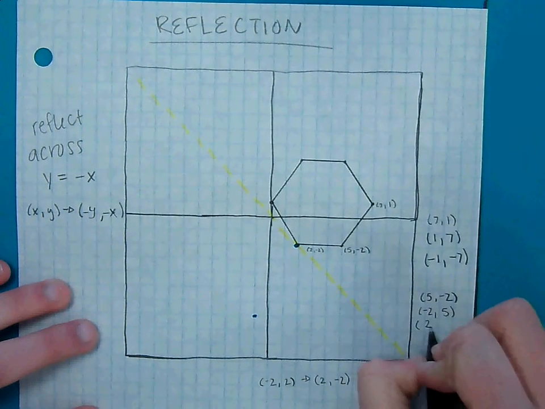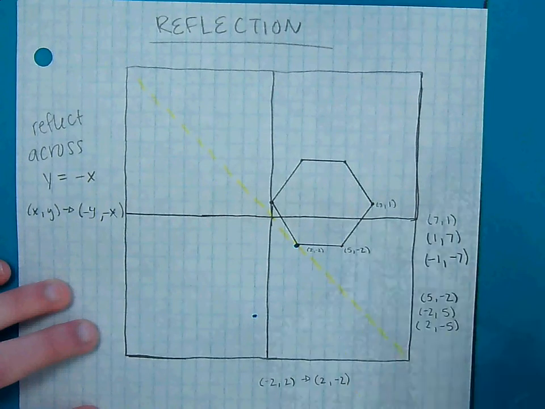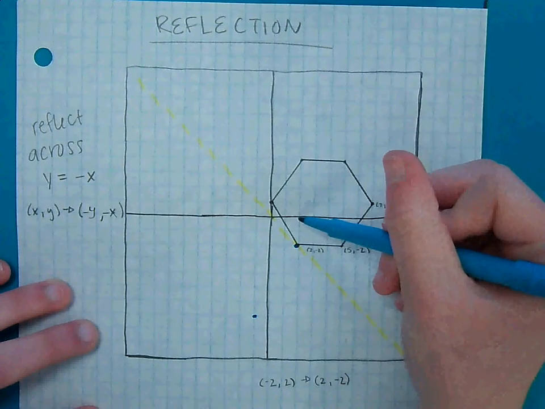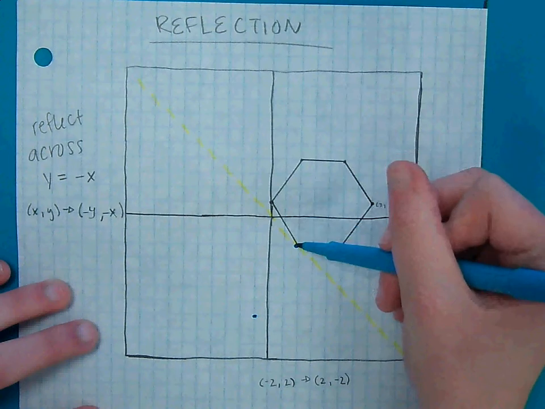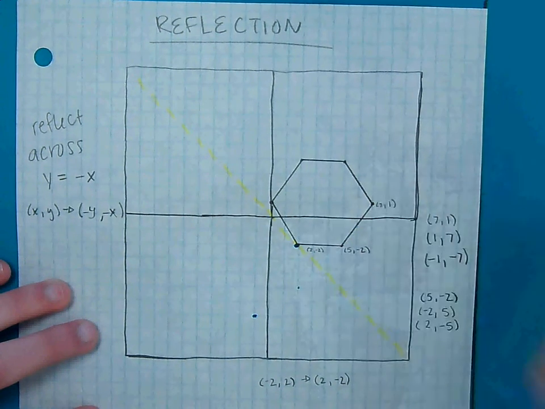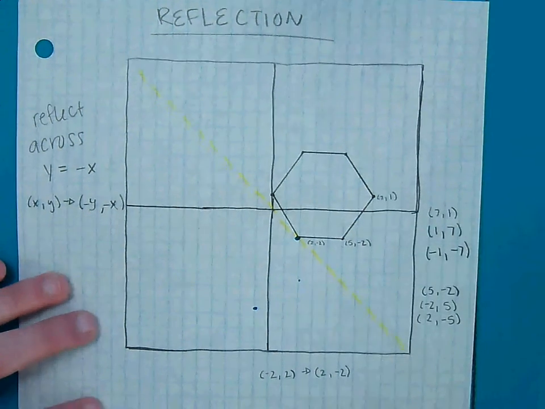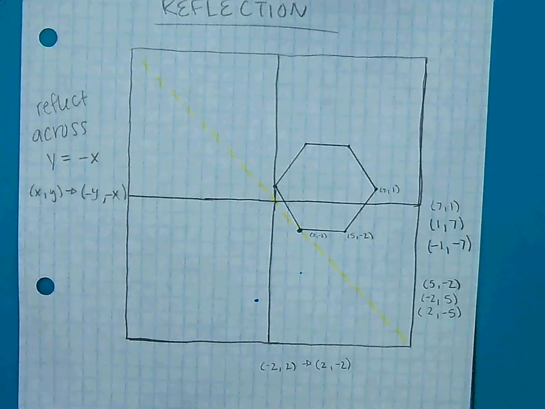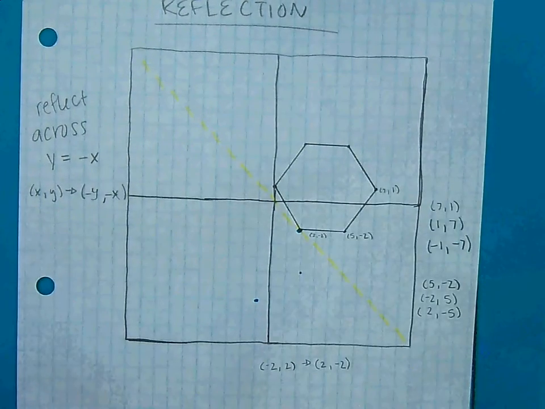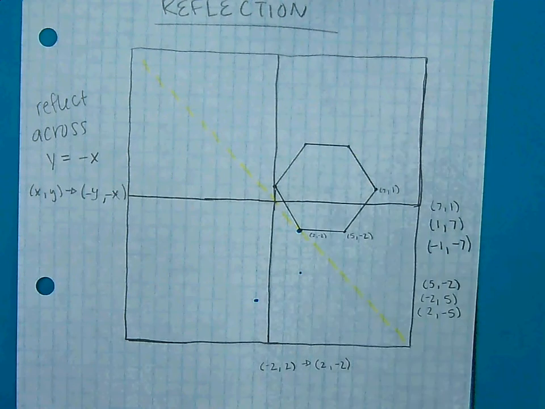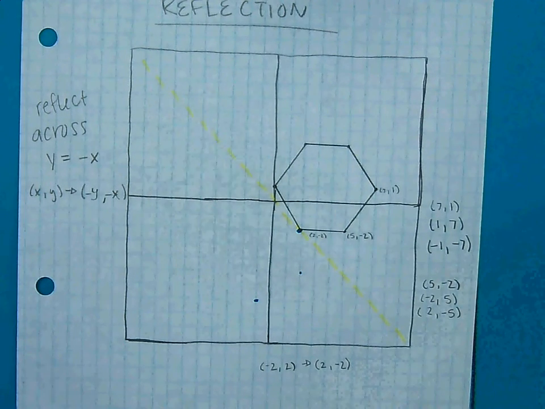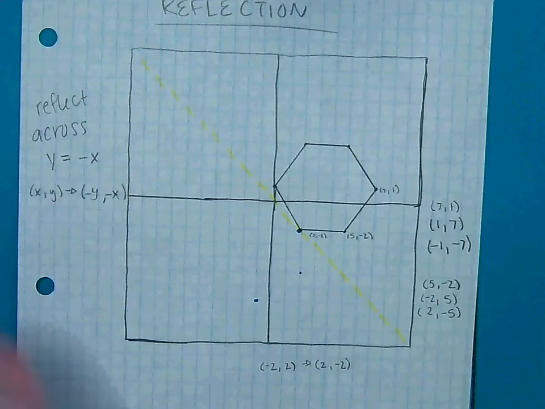So 2, -5. Alright. So we're going to go to 2 and we're going to go down 5. 1, 2, 3, 4, 5. Okay? And I'll continue doing that with the next ones, and then we'll see if you got it the same way I did.